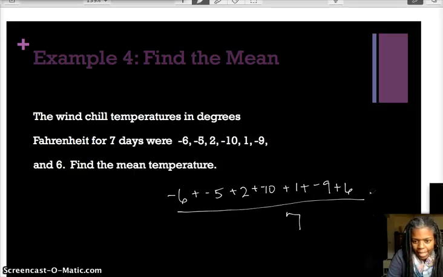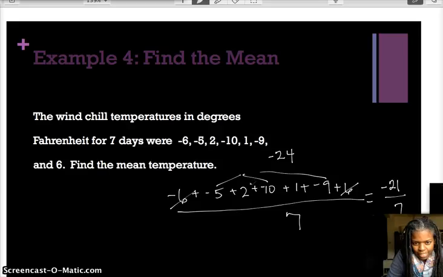When I do that, I'm going to get a negative 21 in the numerator, and a 7 in the denominator. The -6 and the +6 cancel each other out, and I'm going to add my negatives together. You can choose whatever strategy works for you. I have a -5 and a -10, which gives me -15, plus a -9 gives me a -24.